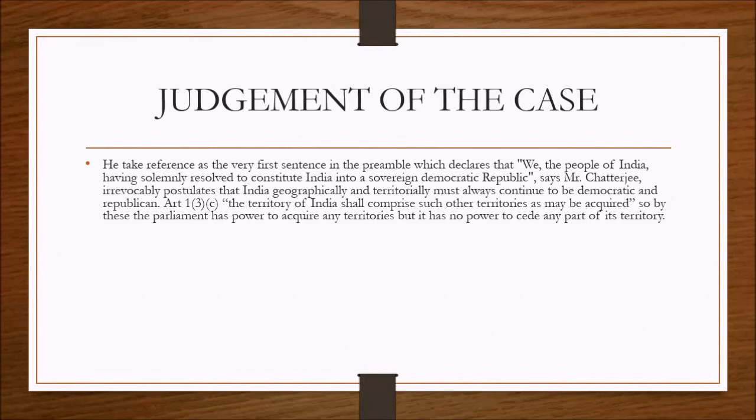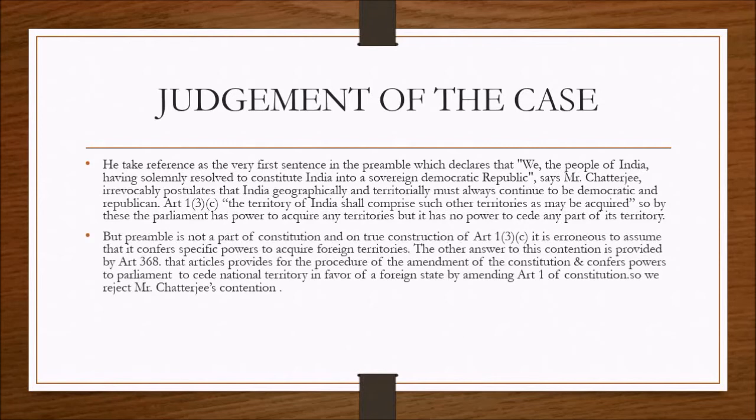He also refers to Article 1, which says that the territory of India shall comprise such other territories as may be acquired. So by all these, the Constitution gives the power to the country to acquire territories, but it has no power to cede any part of its territory. This is the argument of Mr. Chatterjee.